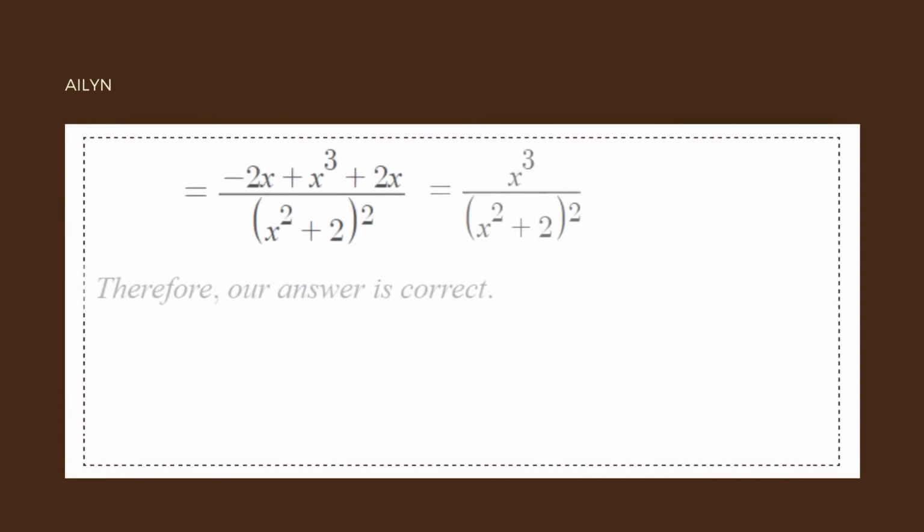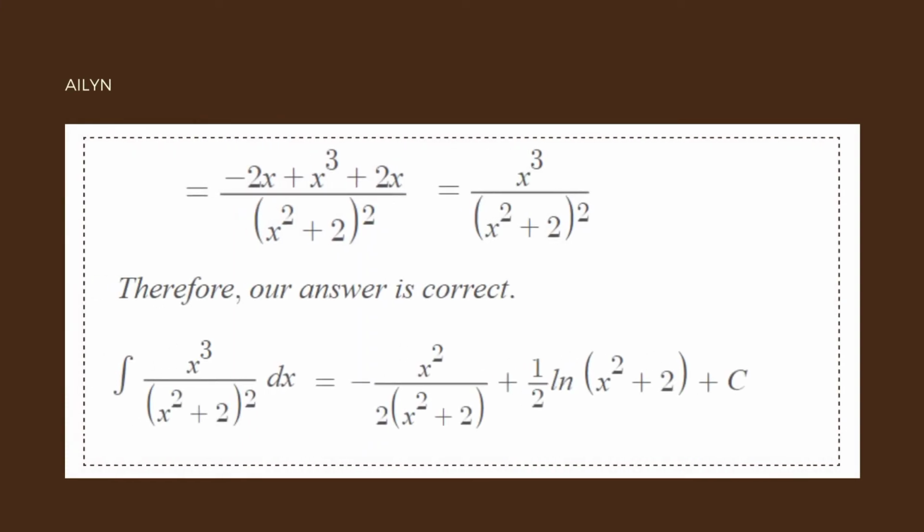Then, distributing x to x squared plus 2, we get negative 2x plus x cubed plus 2x over the square root of x squared plus 2. And by adding negative 2x and positive 2x, we get x cubed over the square root of x squared plus 2. Therefore, our solution is correct.